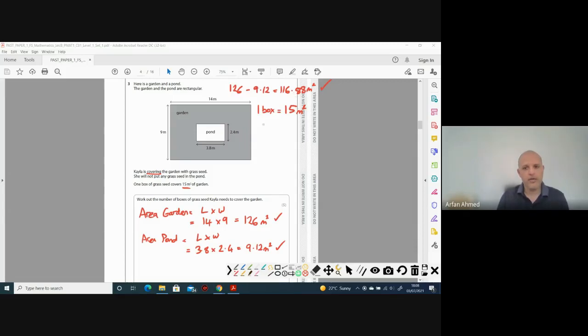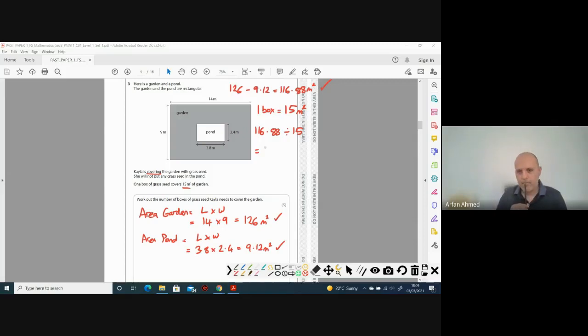So again, it's going to be 116.88 divided by 15. Don't be tempted to multiply these. And a lot of people do get mixed up, whether you're supposed to divide or multiply.